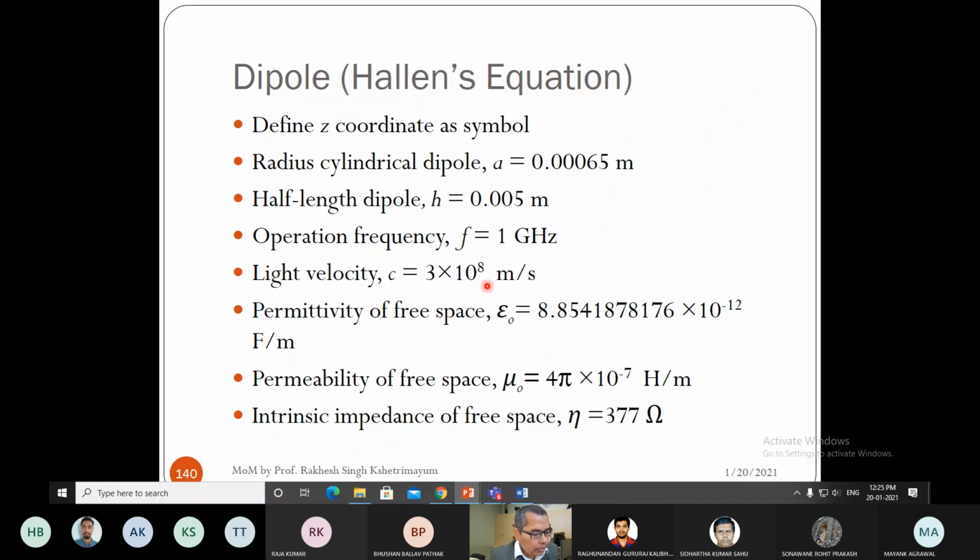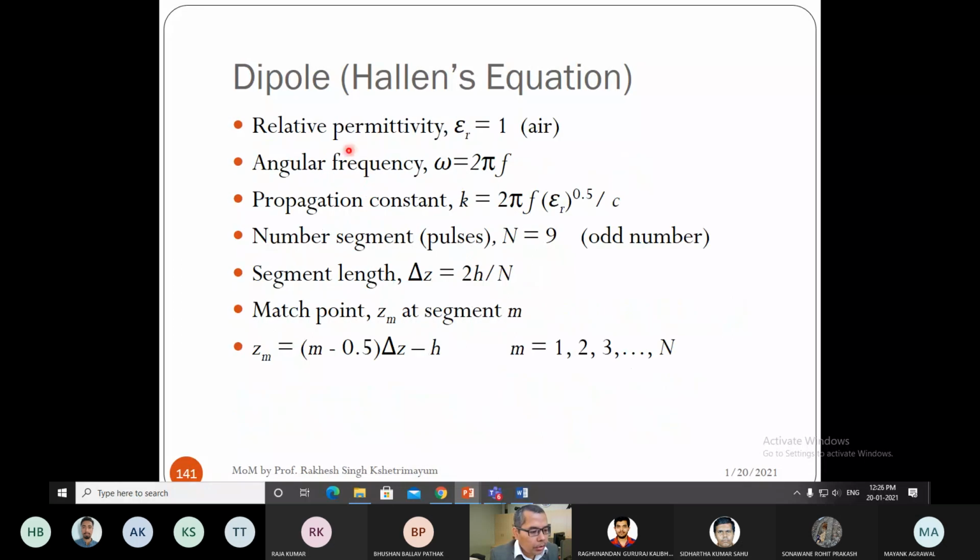And you need to define constants: speed of light, epsilon 0 for free space, mu 0 for free space, and intrinsic impedance for free space. Then the relative permittivity of air is 1, and omega is 2 pi f. Once you have defined f as 1 GHz, you can find the angular frequency. This will be required when you write the program. That's why k is defined as 2 pi f square root of epsilon r divided by the speed of light.